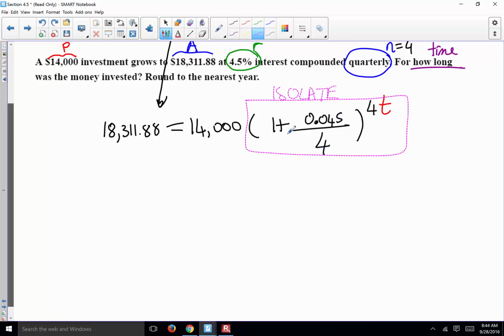Divide 45 by 4, add 1 to it. 1.01125. Okay, is that right? Raised to the 40.